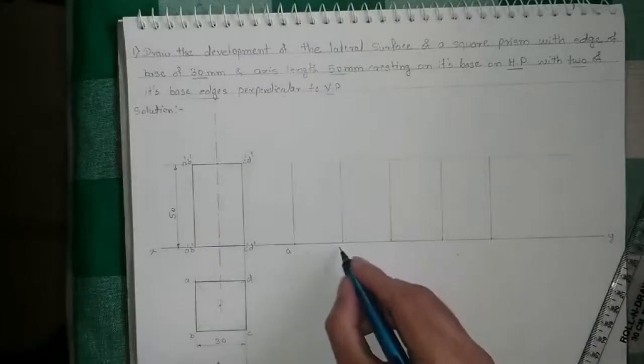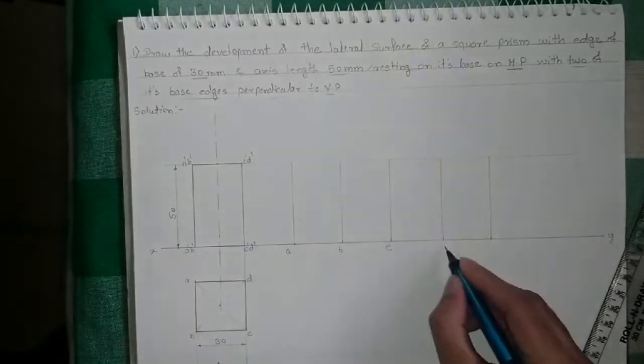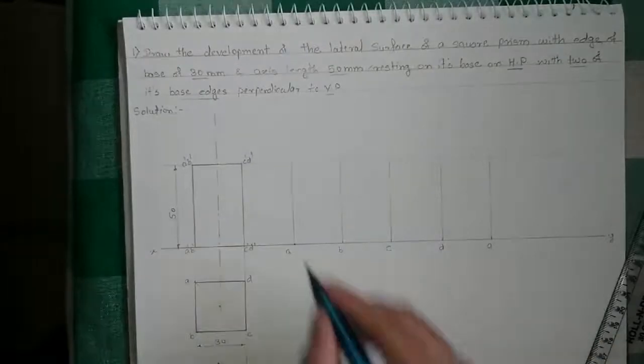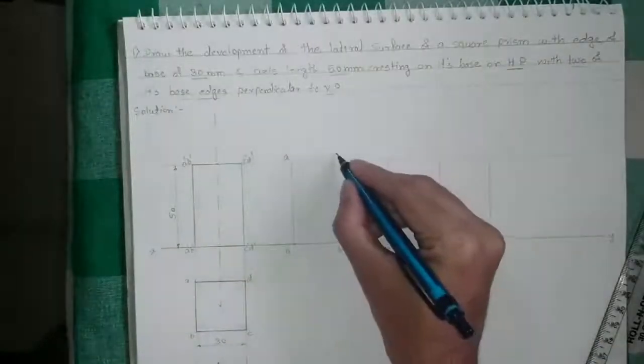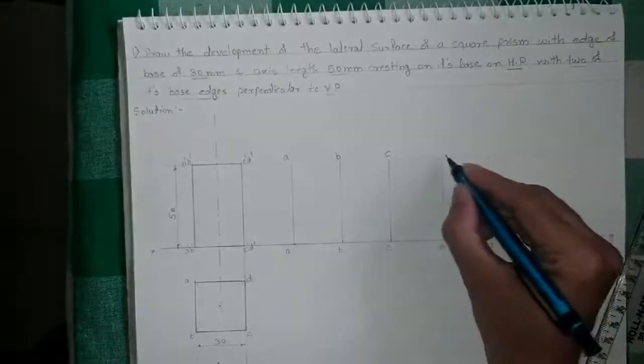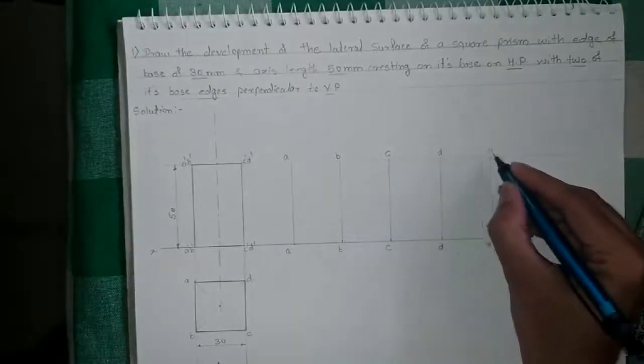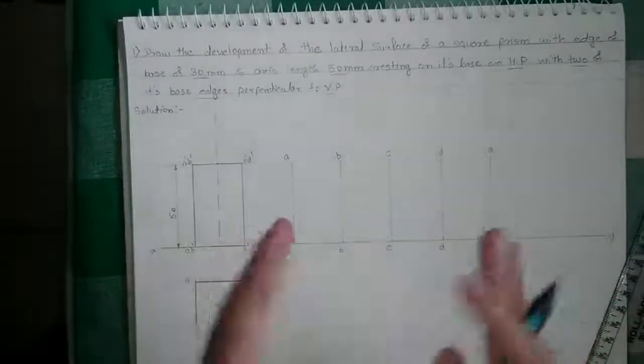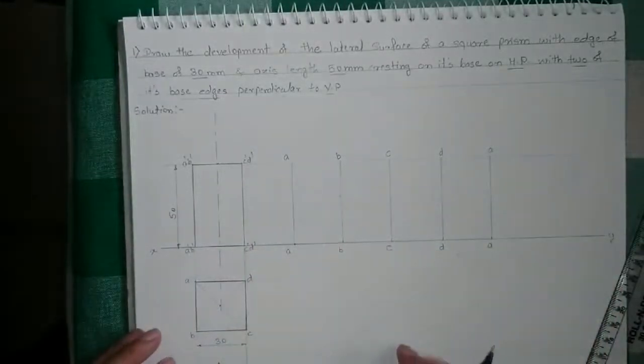This is point A, B, C, D and again A. Over here is the same: A, B, C, D and A. When we fold from these three lines we complete our square prism.